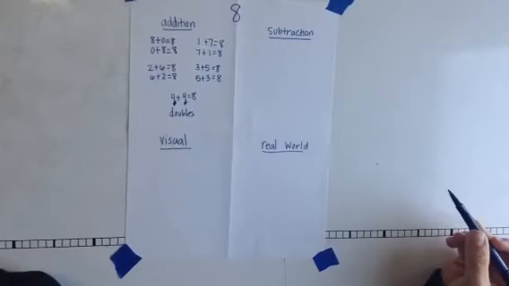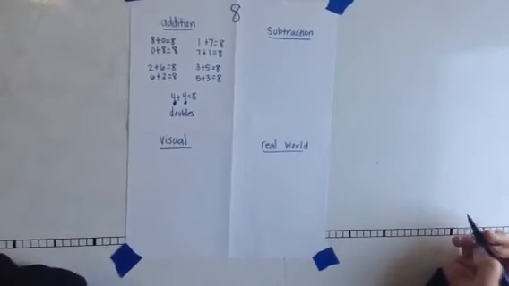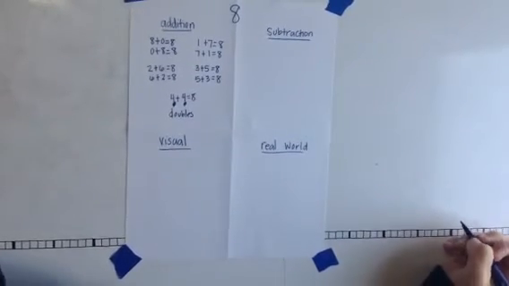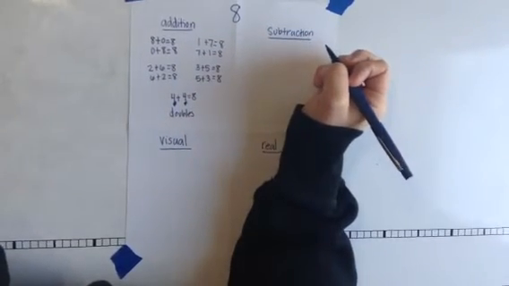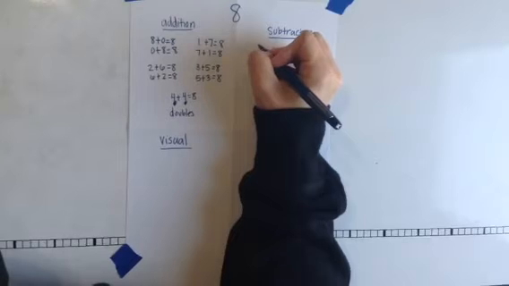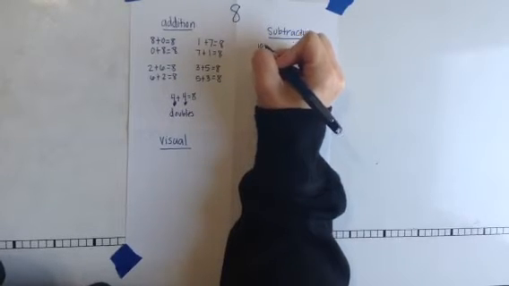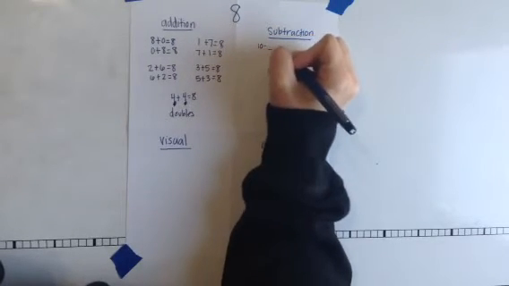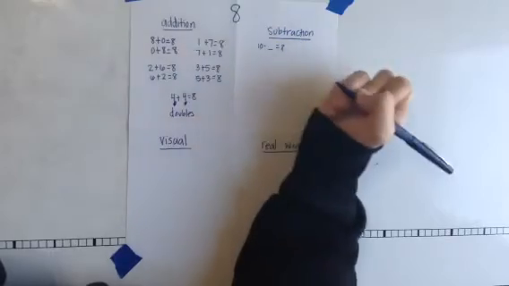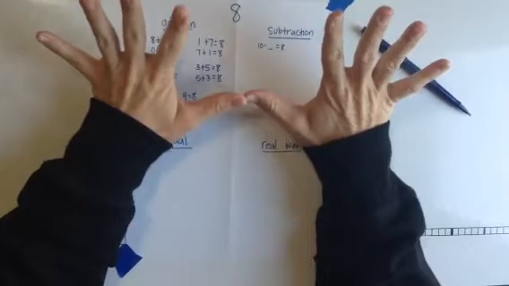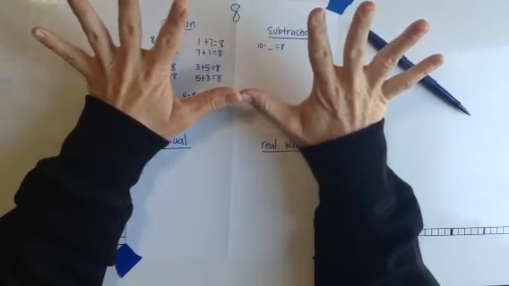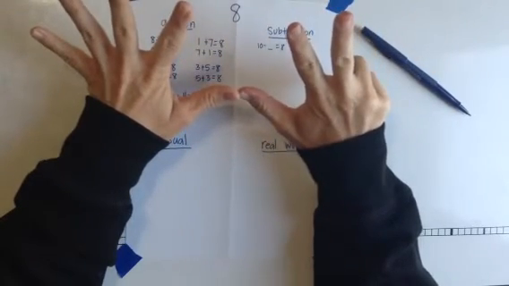If I wanted to move on, I could also look at ways that I could subtract to make the number 8. If I start with a bigger number than 8, I can take away a small number, and then I can get a total of 8. If I started with 10, and I wanted to take something away to get to 8, I could even use my fingers. I could look at my fingers and I could think, this is 10. How many do I need to take away to get 8?